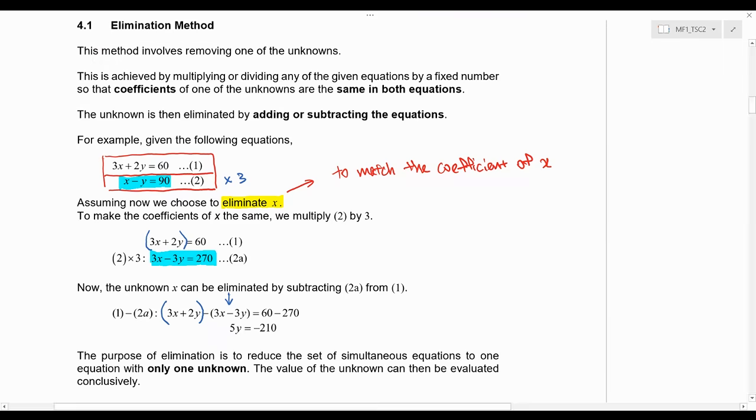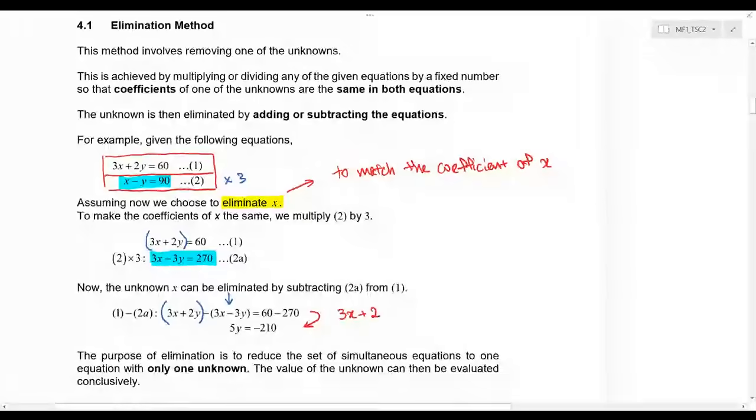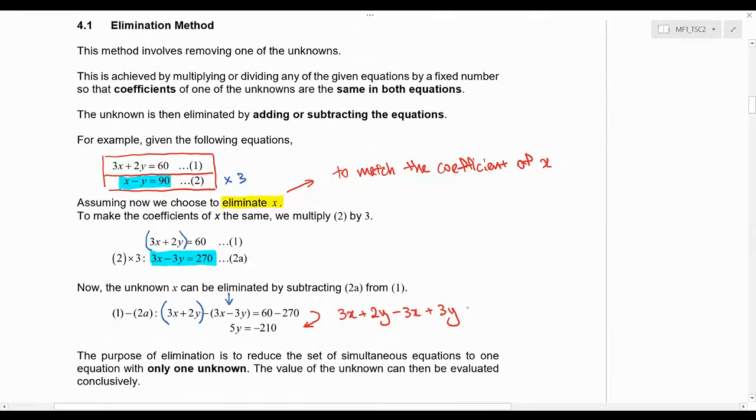So let me just write one more step in between. Be very mindful of careless mistakes. I still have students committing them from time to time. So if you subtract, note that the inside is a minus, so the minus minus becomes a plus. So this is plus 3y. And then 60 minus 270 will be negative 210.